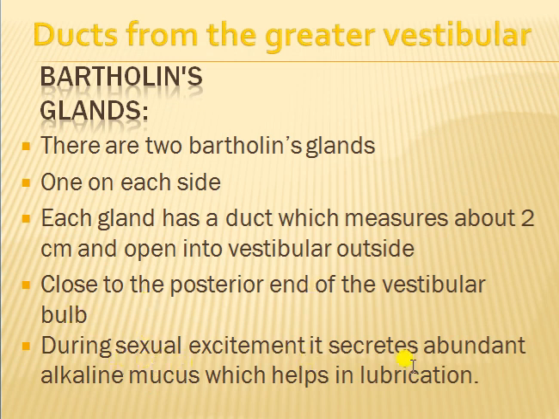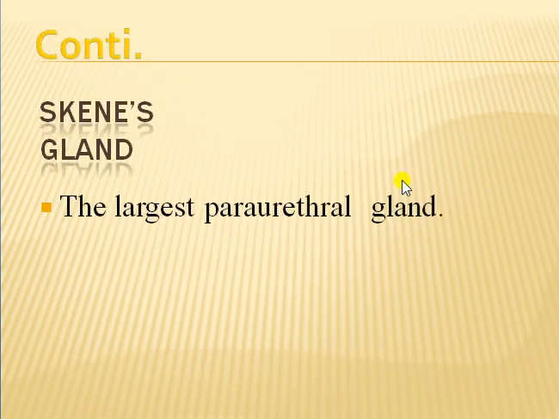During sexual excitement they secrete abundant alkaline mucus. Skene's glands are the largest para-urethral glands, present near the urethral orifice.